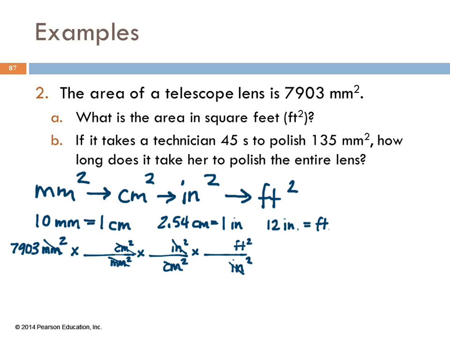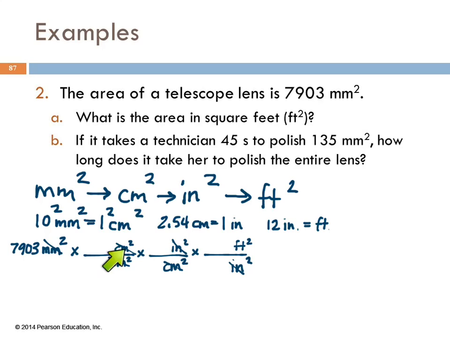Now, because we're doing squared units, we need to be a little bit careful here. So 1 centimeter is equal to 10 millimeters. But that's 1 squared. Centimeter squared is equal to 10 squared millimeters squared. I have to square the number and the unit.